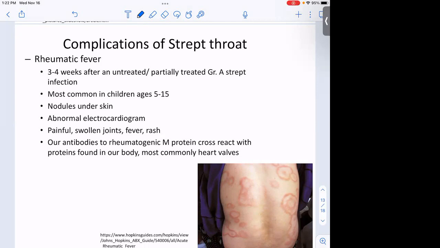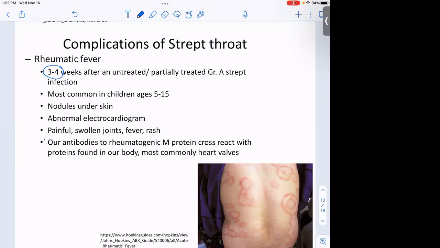If it's the rheumatogenic M protein, then if you have a patient that's ill with that strain, usually with strep throat, and it's not treated, or maybe the patient only takes antibiotics for a couple days and then stops for some reason, typically a number of weeks after that, then the autoimmune complication, the rheumatic fever, can surface.